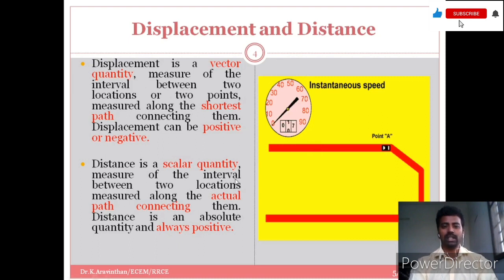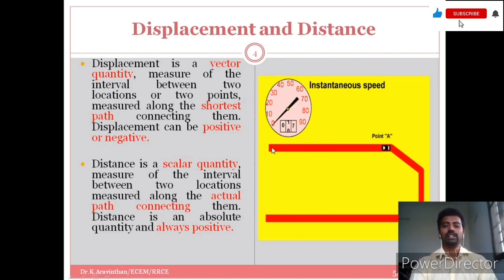Distance is generally a scalar quantity, which is the actual path travelled by the object. Here you can see the car travels from the initial position to point A, and then there are three bends. With these three bends, the object reaches the destination.